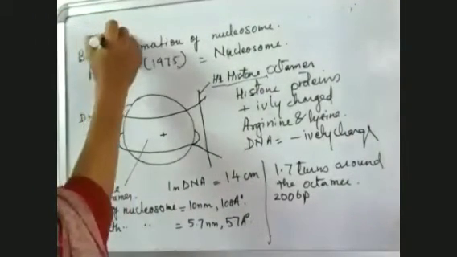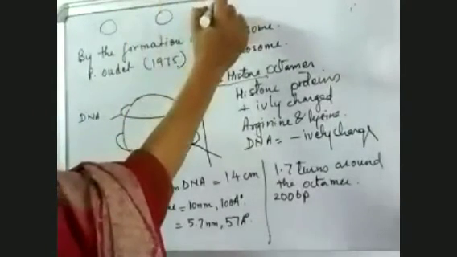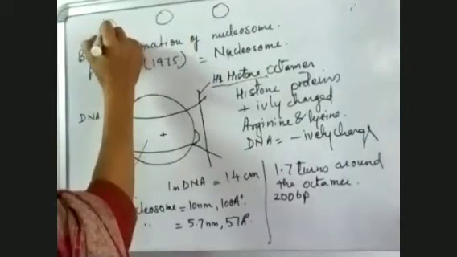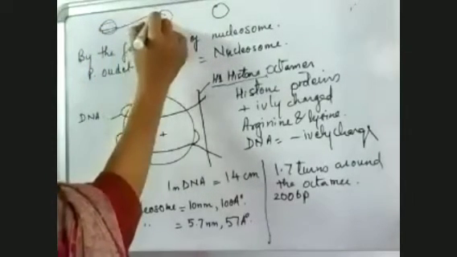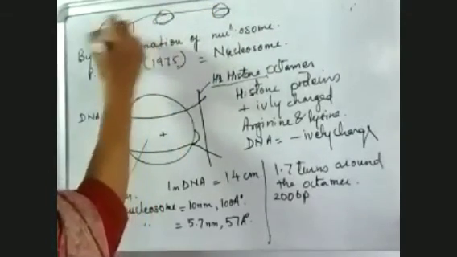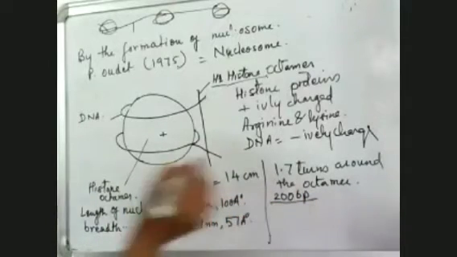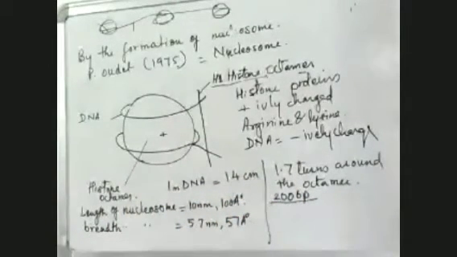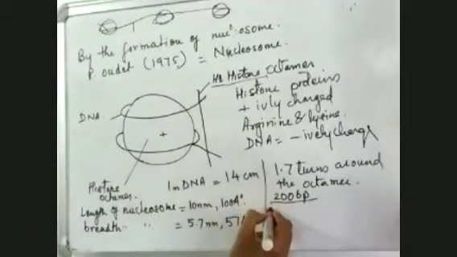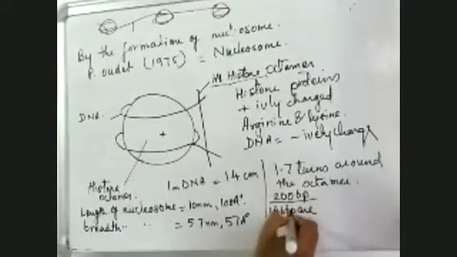Suppose this is one octamer and this is another octamer. The DNA takes a round here, is linked to the next one, and takes a round there. So these are linkers, and these are around the nucleosome. Out of the total 200 base pairs, 146 base pairs are around the nucleosome.